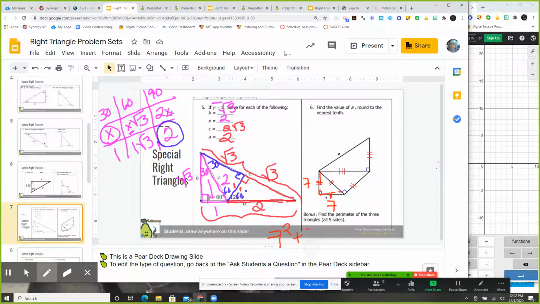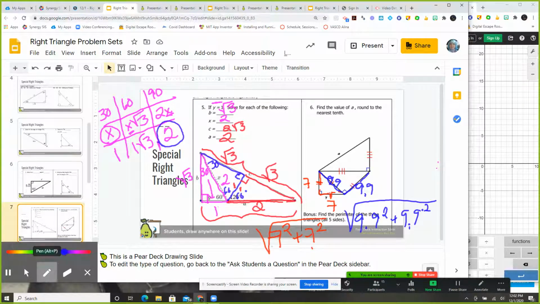Absolutely. 7 squared plus 7 squared, and then take the square root. 9.9. So this side is 9.9. And that has 2 tick marks in it, right? So what's this side also with 2 tick marks? 9.9. So now we can use Pythagorean theorem. 9.9 squared plus 9.9 squared, and take the square root. So this 3 tick mark side is 14.